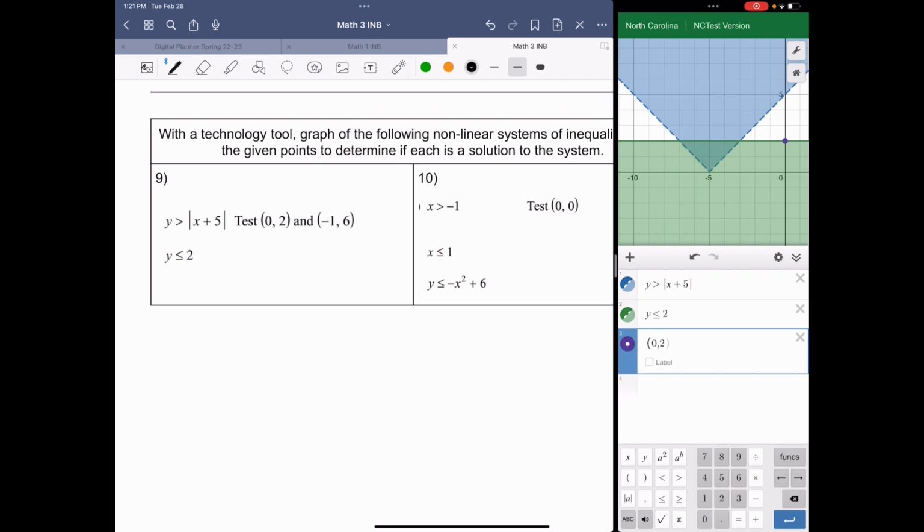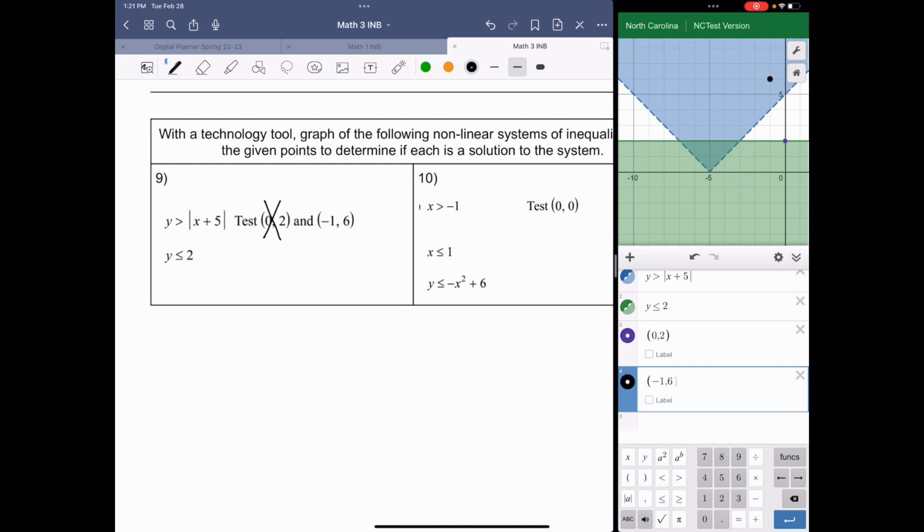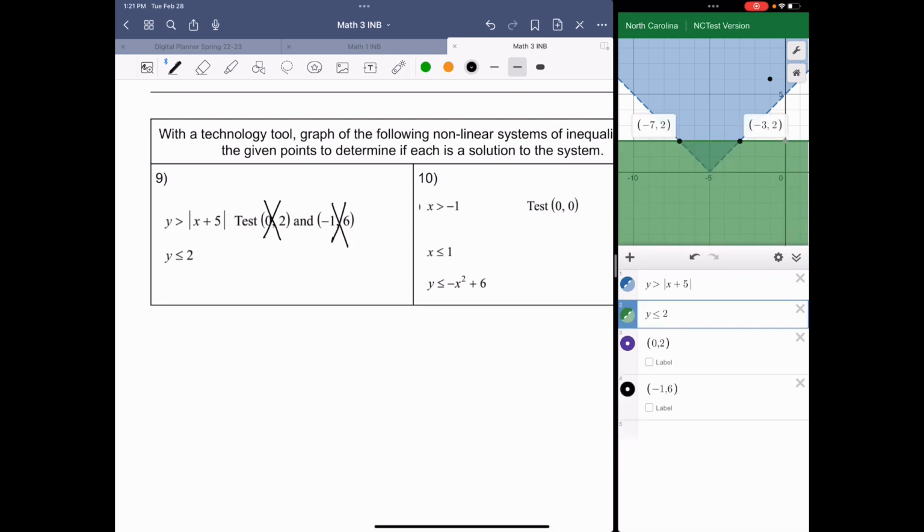So that does not work because that only falls on the green, not in both of them. They have negative 1 and 6, and that only falls in the blue, so neither one work. Okay, and these points right here would not be solutions either. Why? Because one is solid and one is dashed, so it's not going to include a solution for both of them.